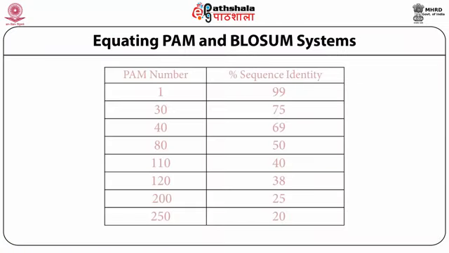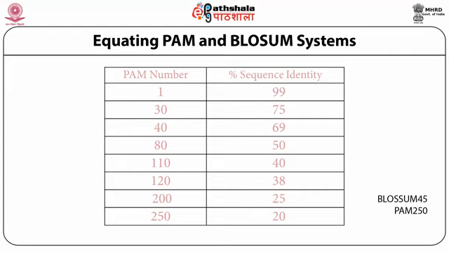BLOSUM matrices are more appropriate for finding conserved regions in proteins. We have already seen that PAM 250 scoring matrix is suitable for alignments of sequences having approximately 20% identity. PAM 250 is equivalent to BLOSUM 45.